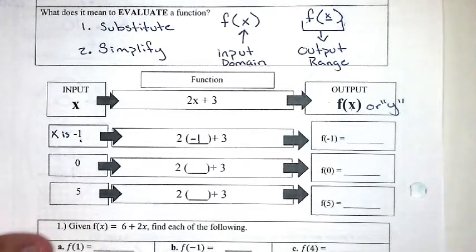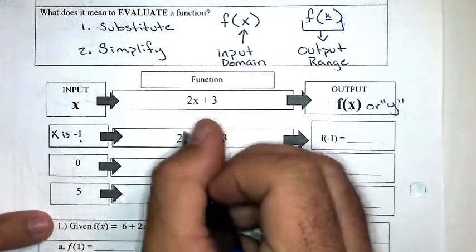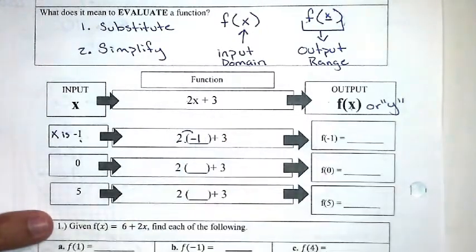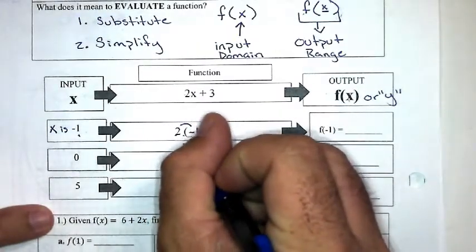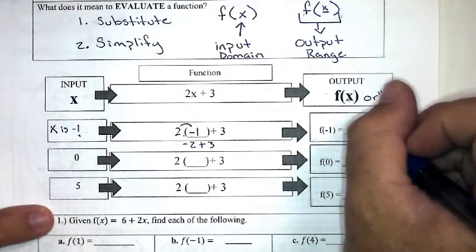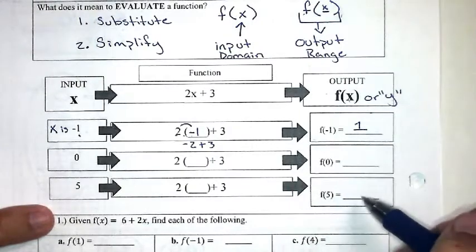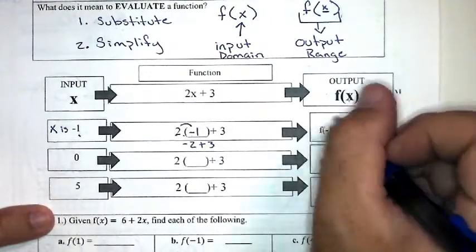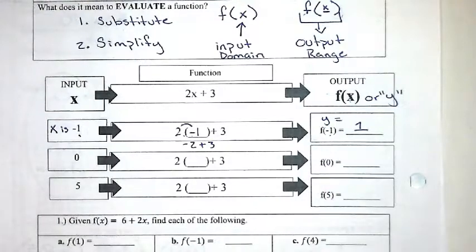Now I simplify. What is 2 times negative 1? Because again, you get rid of the parentheses first. That gives you negative 2. What's negative 2 plus 3? 1. And that's my y value. This means y equals. That's the same thing. Y equals is the same thing as f of negative 1.